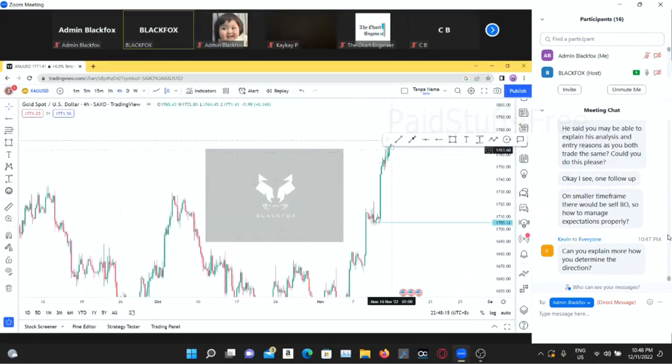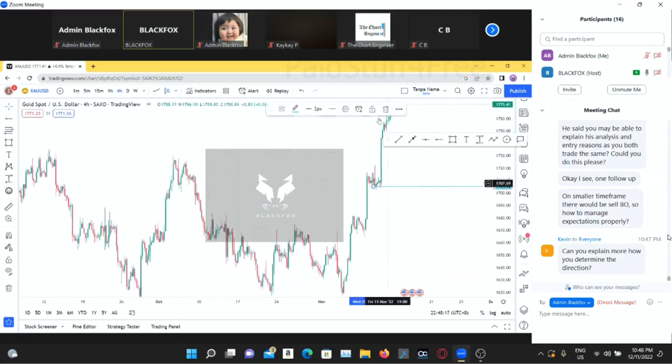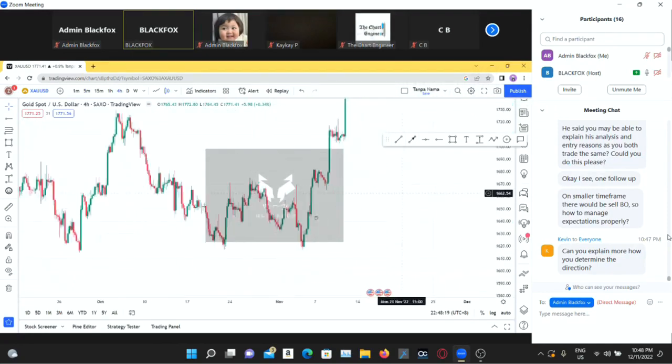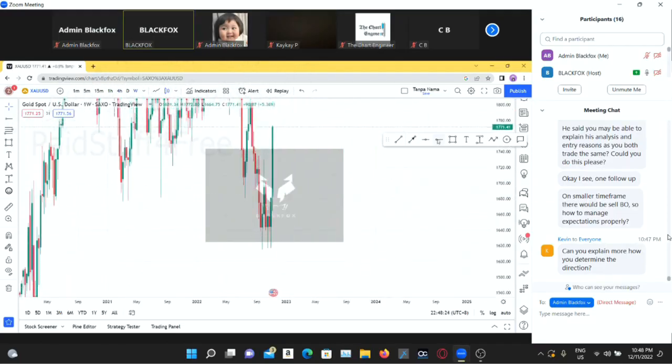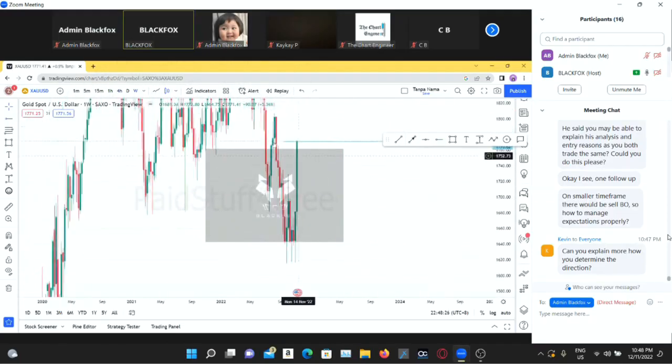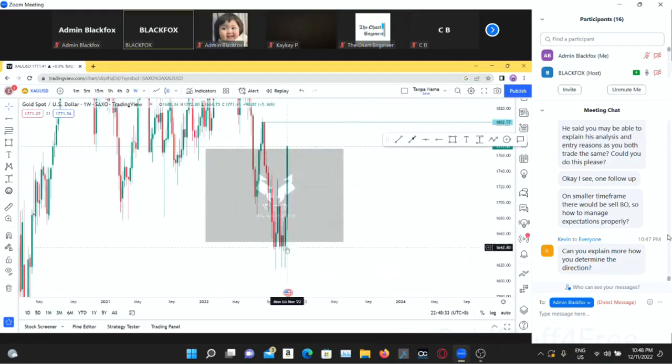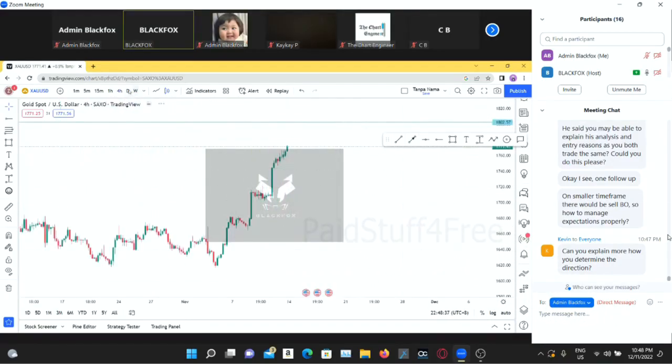Okay, to determine the direction, we just use storyline, because I always use storyline. There is a lot more to using storyline for direction. If this one is a new support, so this one is weekly support, I just focus on the big direction.